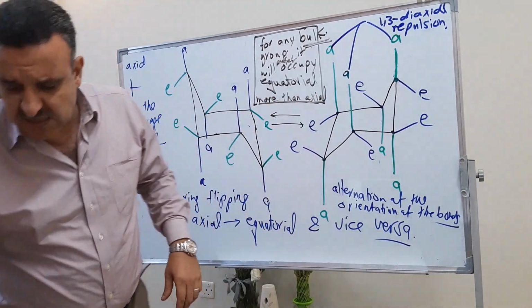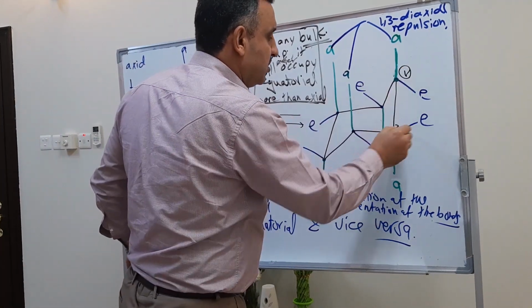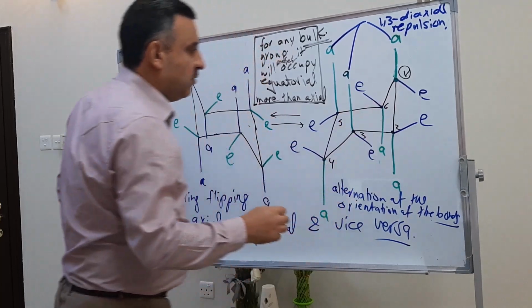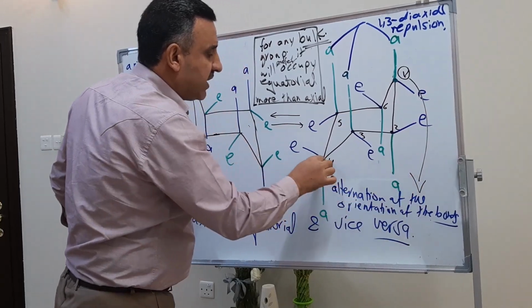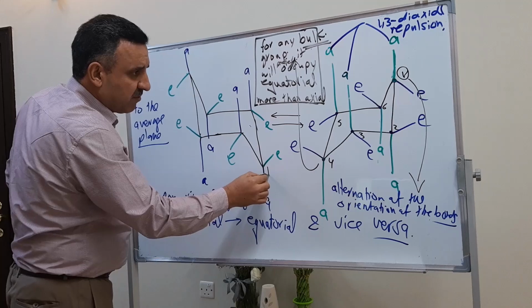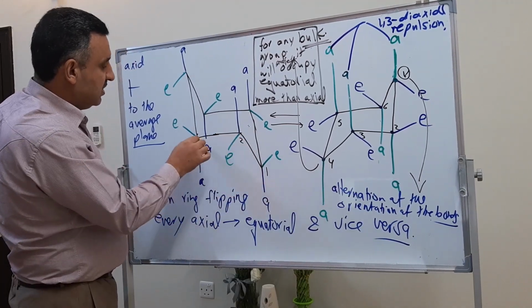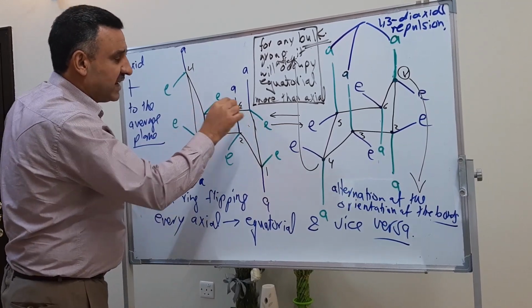Suppose this is carbon number 1, 2, 3, 4, 5, 6. What's going to happen by ring flipping? Carbon number 1 will go down while carbon number 4 will go up.